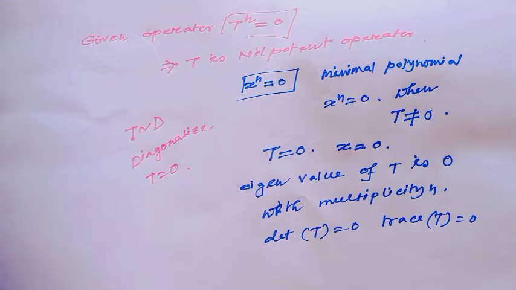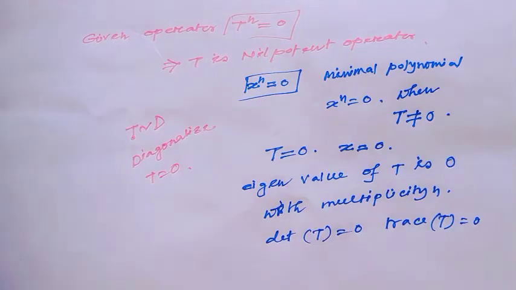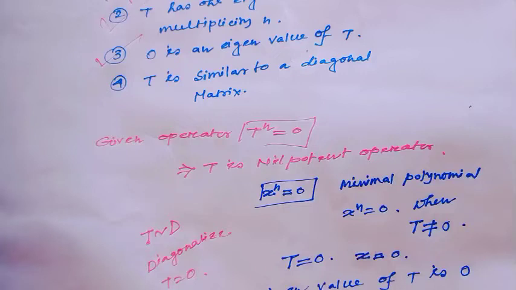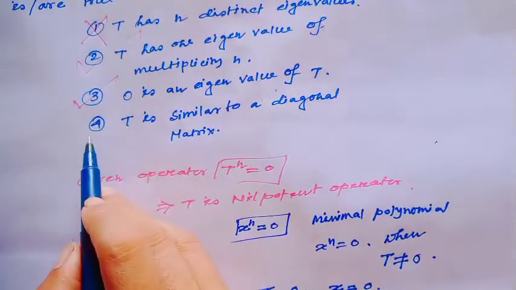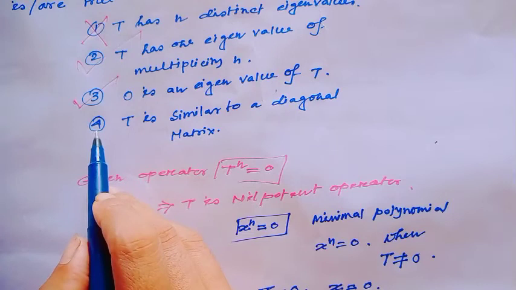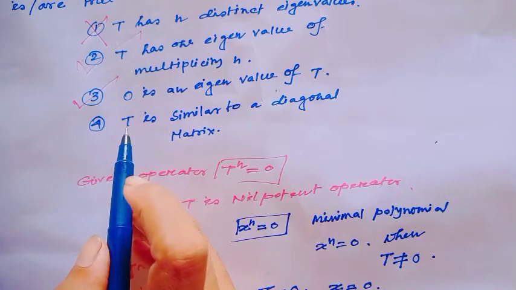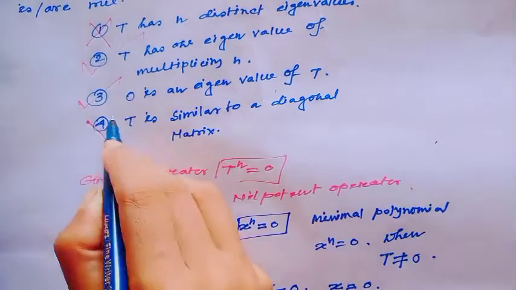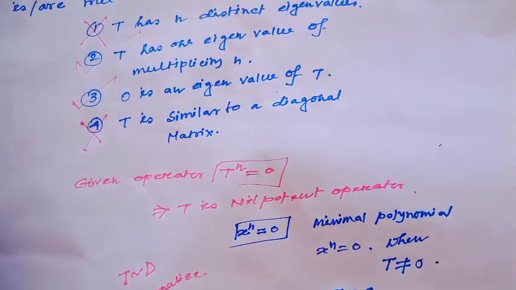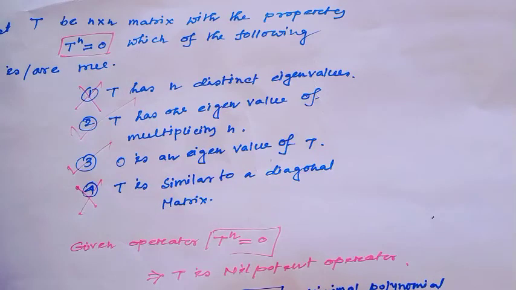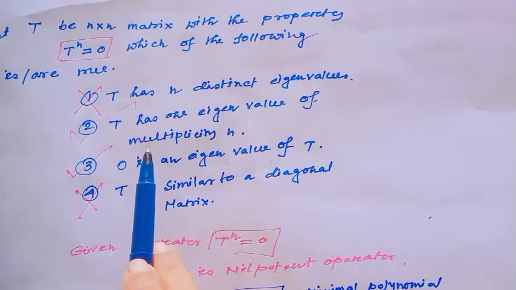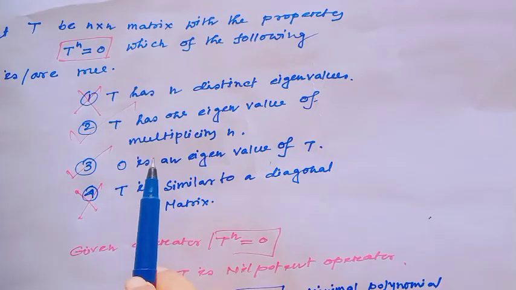I had discussed this part in my earlier video elaborately. So T is similar to a diagonal matrix is not always true. This is only true when T is the 0 operator. So option 4 is also a wrong option. Are you getting it? By this concept, that is how we can tell about these options.